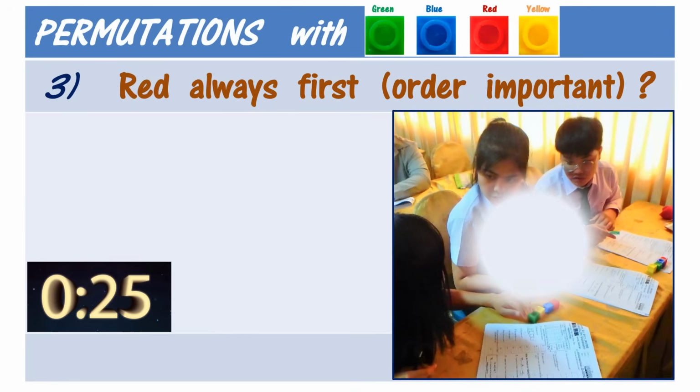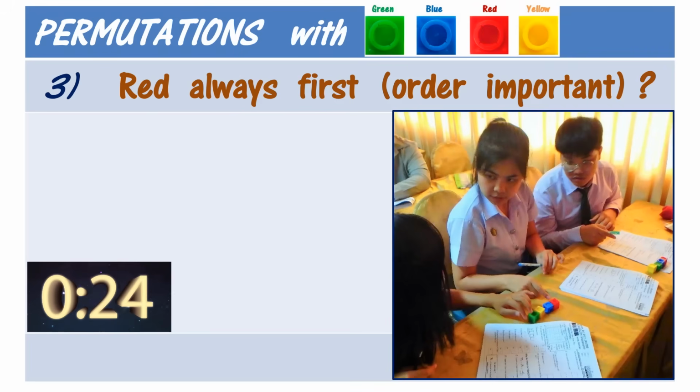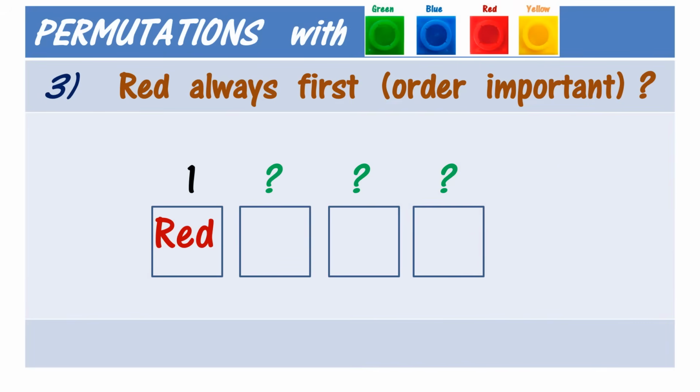Question 3 asks, if red is always first, in how many ways can we order the 4 blocks? When doing probability diagrams, there are different ways of doing it.